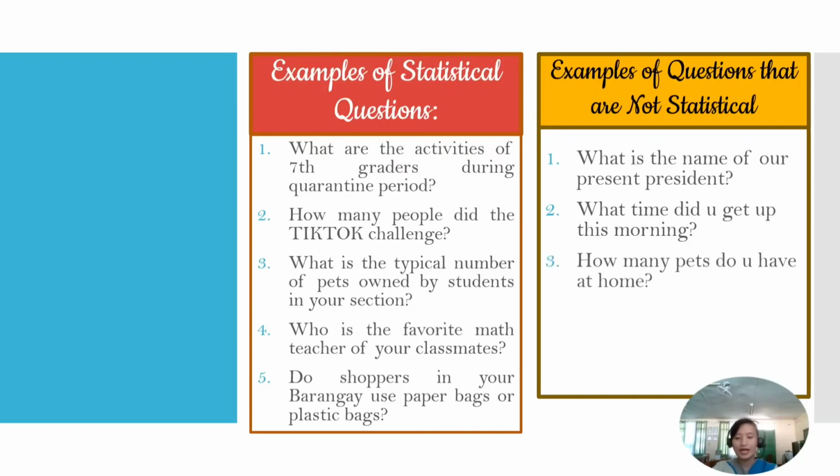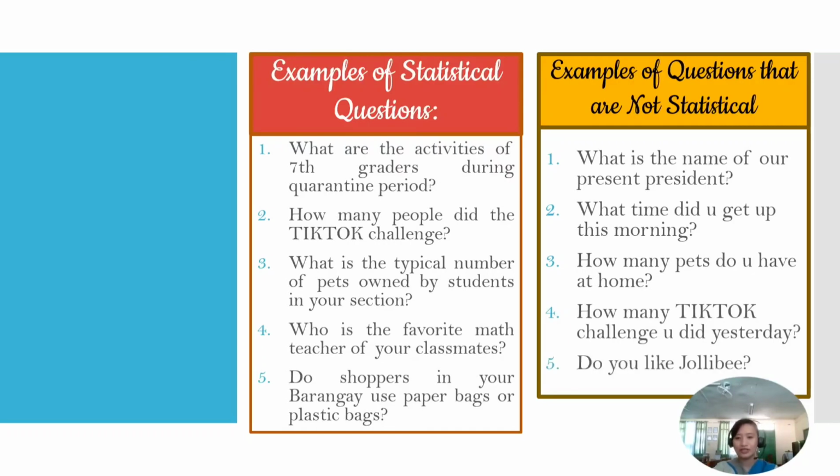Number 3, how many pets do you have at home? Number 4, how many TikTok challenges did you do yesterday? And for the fifth question, do you like Jollibee? Can you see the difference between statistical questions and questions that are not statistical?